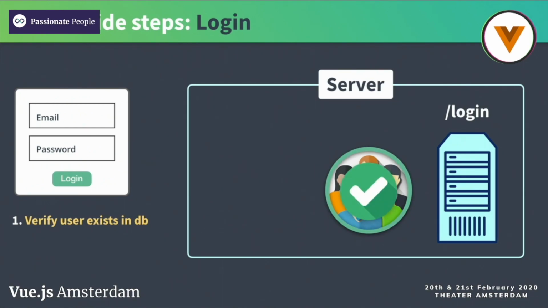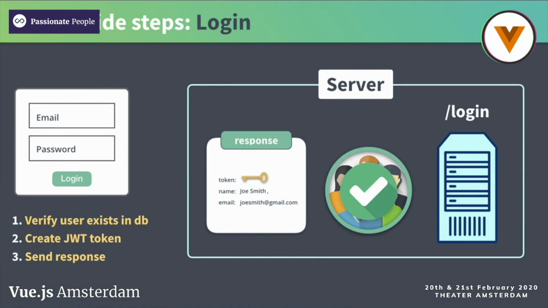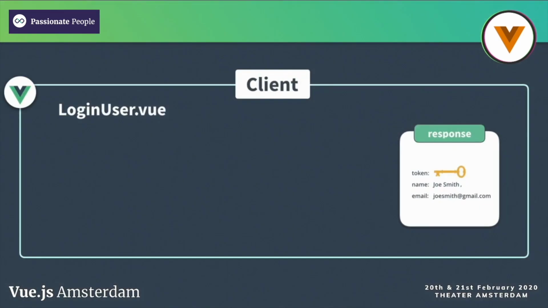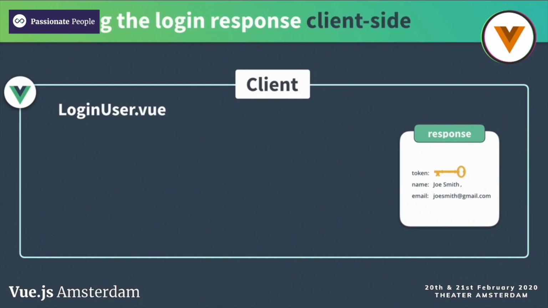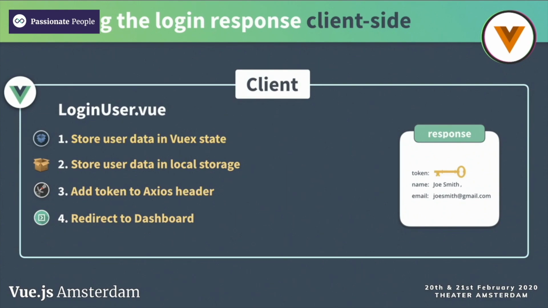If we're good to go on that front, we'll then create that JWT token and then send it along with the response back to the client. Then on the client, it's really the same steps we looked at, where we're storing the data in Vuex state, storing the copy in local storage, adding it to Axios, and redirecting to dashboard.